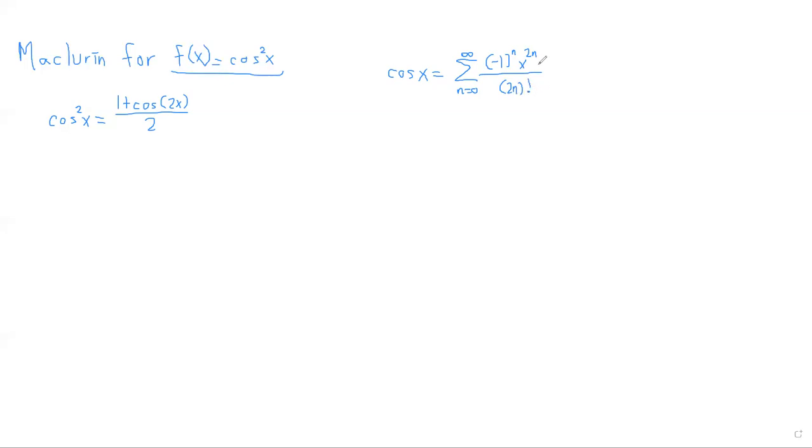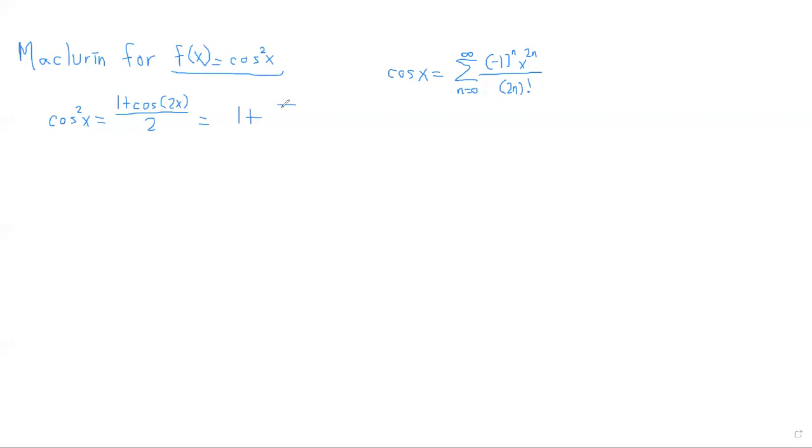So cos squared x can be written, and it's better we don't directly try to plug in the Maclaurin formula, because we know what a similar thing looks like.